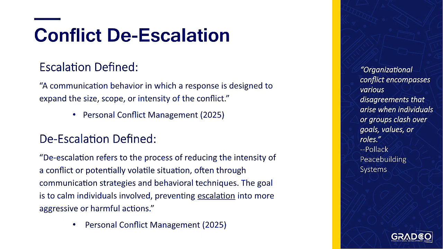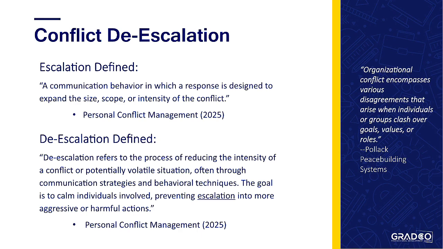Now, de-escalation refers to the process of reducing the intensity of a conflict or potentially volatile situation, often through communication strategies and behavioral techniques. The goal is to calm individuals involved, preventing escalation into more aggressive or harmful actions.